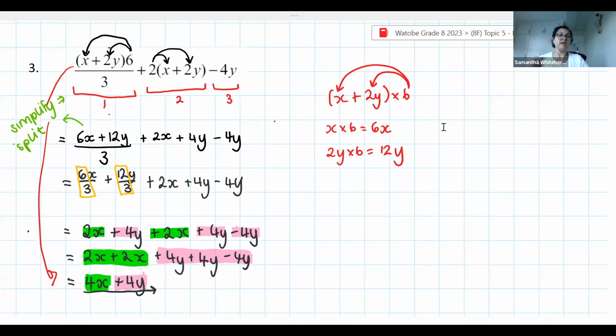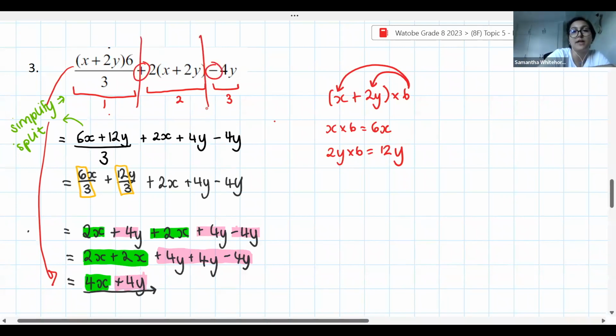If you have a look at the original question, we have got 3 terms. We know that we've got 3 terms because the plus and the minus separate my terms for me. So they are my separators for my terms. And then I need to ask, can I simplify my terms?